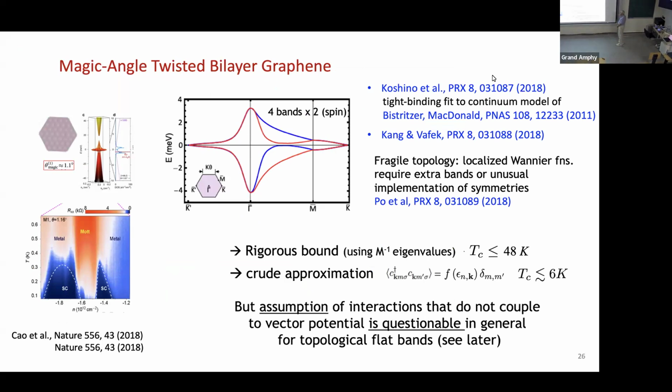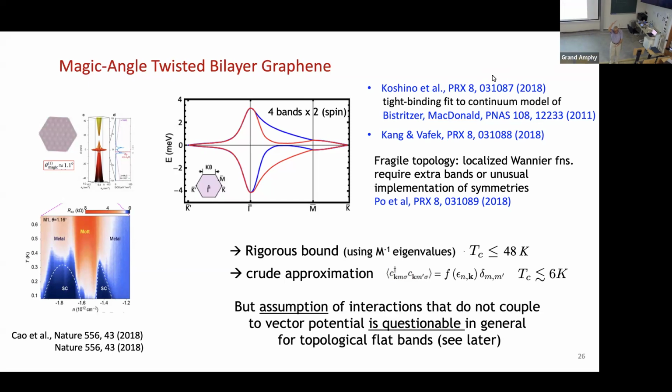And the problem is the following: the assumption that the interaction term in the Hamiltonian does not couple to the vector potential is questionable in general for topological flat bands. Why is that? Because it's true if you had, say, Hubbard interactions for all these bands, it would be fine. Or even electron phonon would be fine.